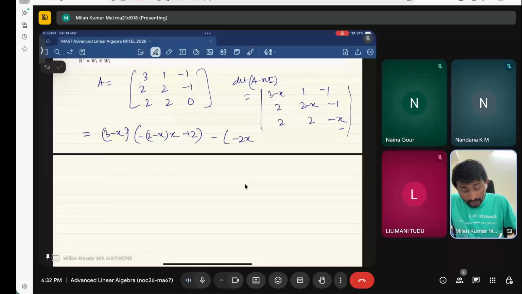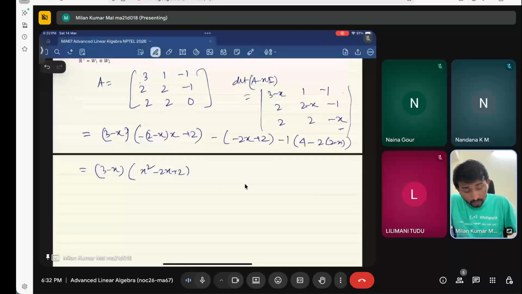The 2x terms cancel out. I don't know whether I'm doing it correctly or not.